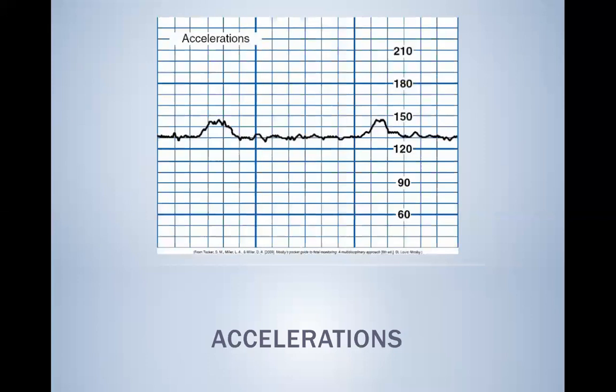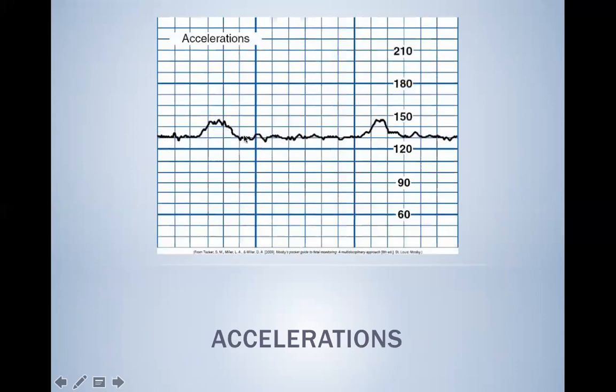For 32 weeks or above, so 32 through term, which most of our patients laboring are term, between 37 and 42 weeks, we will expect that baby to be able to produce a 15 by 15 acceleration. So it goes 15 beats above baseline and lasts for at least 15 seconds.